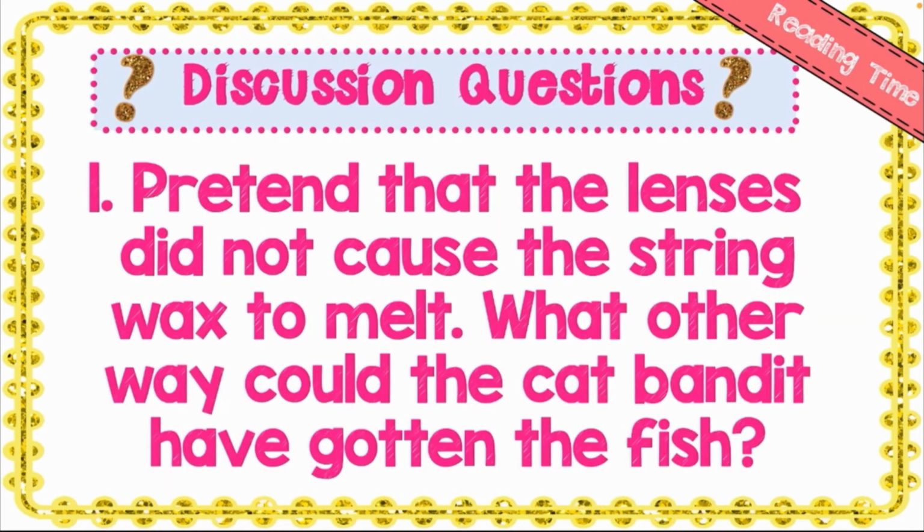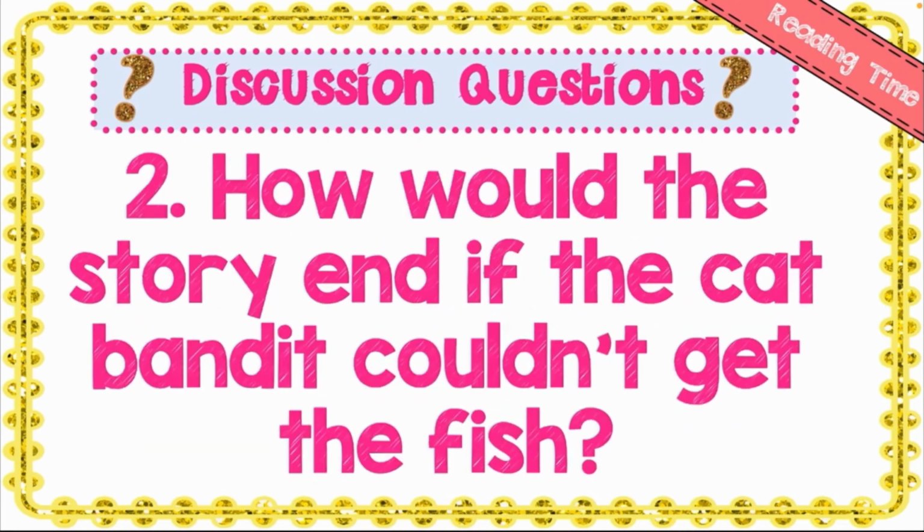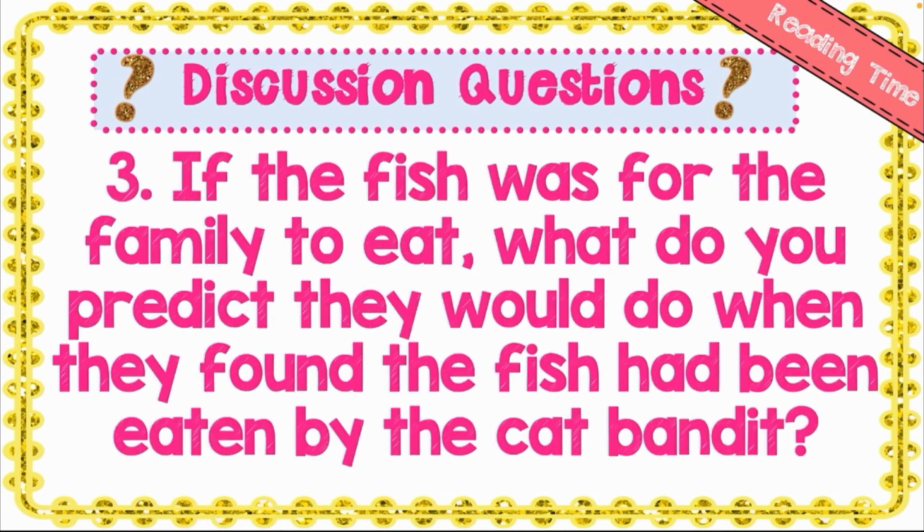These are questions you would answer. Pretend that the lenses did not cause the string's wax to melt. What other way could the cat bandit have gotten the fish? How would the story end if the cat bandit couldn't get the fish?